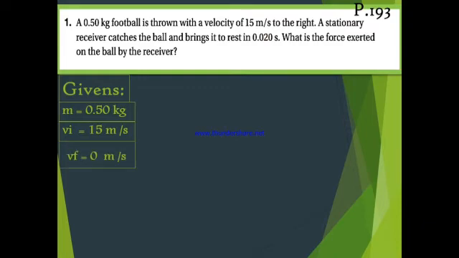This is the time. And brings it to rest. This is the final velocity. So the initial velocity was 15 meters per second, and then the ball stopped and comes to rest.